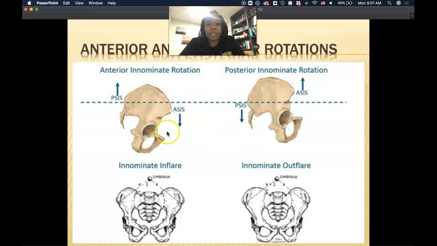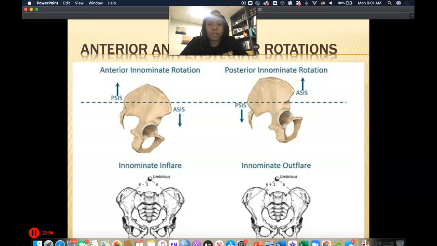So we can have something tugging anteriorly, or we can have something tugging posteriorly, causing an upward movement. Either way, if this is the pelvis, this is what's happening: we have the ASIS moving more inferiorly, and the PSIS being pulled superiorly.